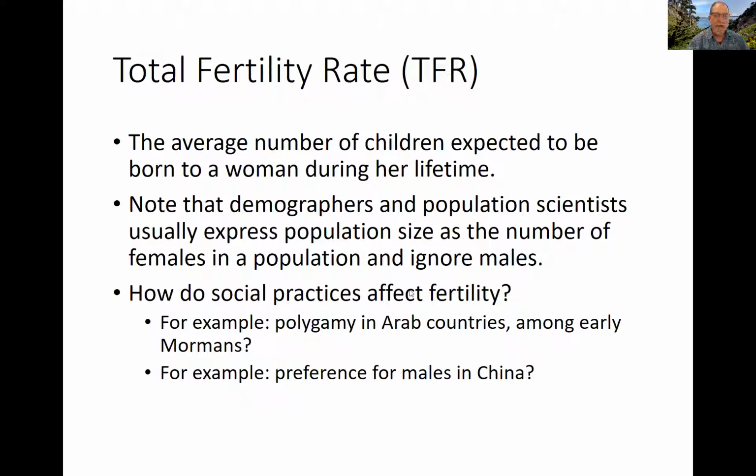And how do social practices and different views affect fertility? For example, there is polygamy in Arab countries, among the early Mormons, and among various other groups. That's a social practice which clearly has an impact on fertility. Another example was the preference for male children in China. China has dropped its one-child policy, but for a long time it was the policy of the Chinese government only to allow a single child to be born to a family.